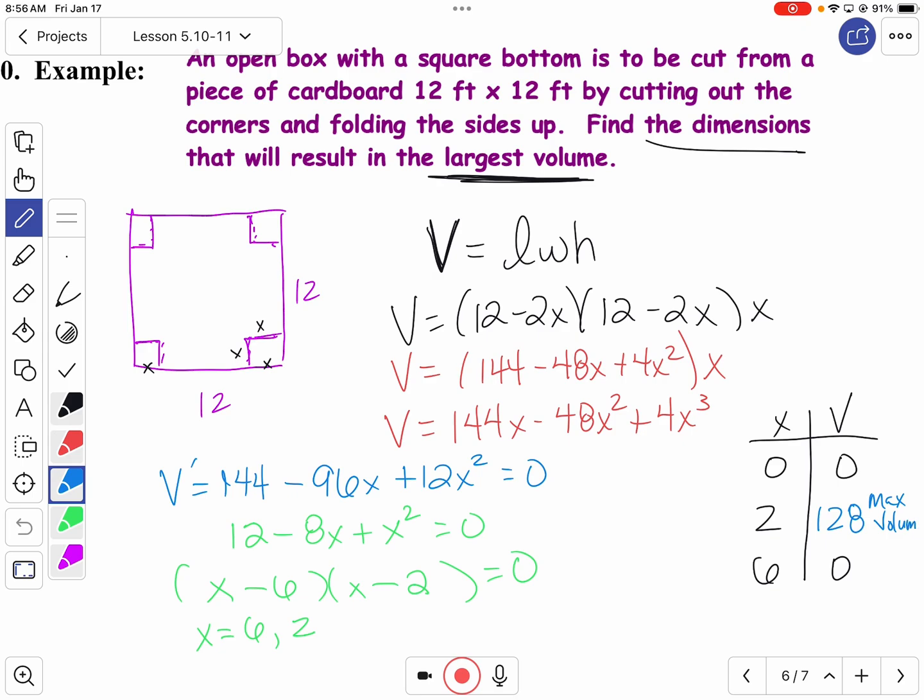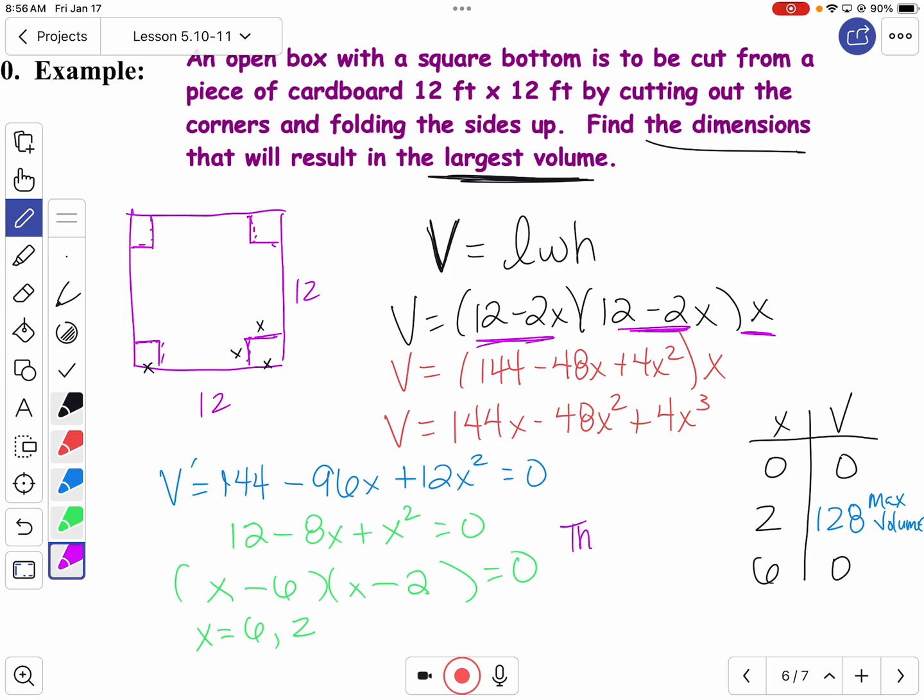Now, let's go back and look at what it asked me for, okay? What did it ask me for in terms of my answer? The dimensions, okay? So we're going to go back up here to this original volume equation and get these 3 dimensions, all right? We know x is 2. What does that leave the other 2 sides to be? 8 each. Yep.